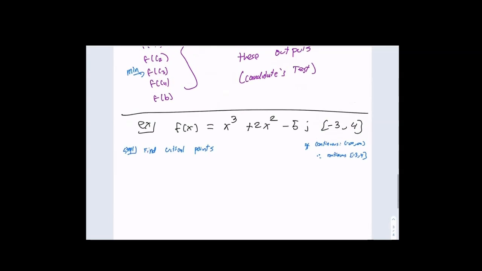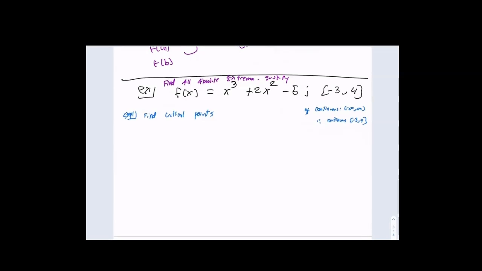Oh, I never even stated the question. Find all absolute extrema. Justify. Sorry, I didn't even give the instruction. We're just finding all the absolute extremas. It might say find the absolute max, or it might just say find the max, find the min, find the max and min, justify.